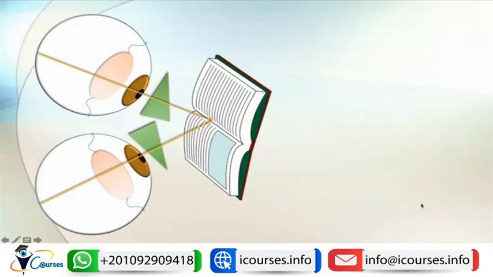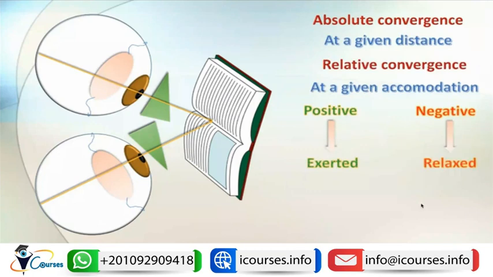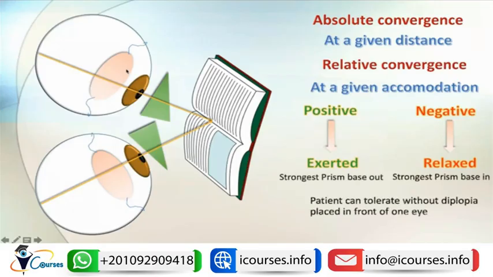The reverse will occur in the case of the negative relative convergence. In negative relative convergence, which is the relaxed convergence, the eyes should be divergent. And if we place a prism base in, this will cause the eyes to be more divergent.